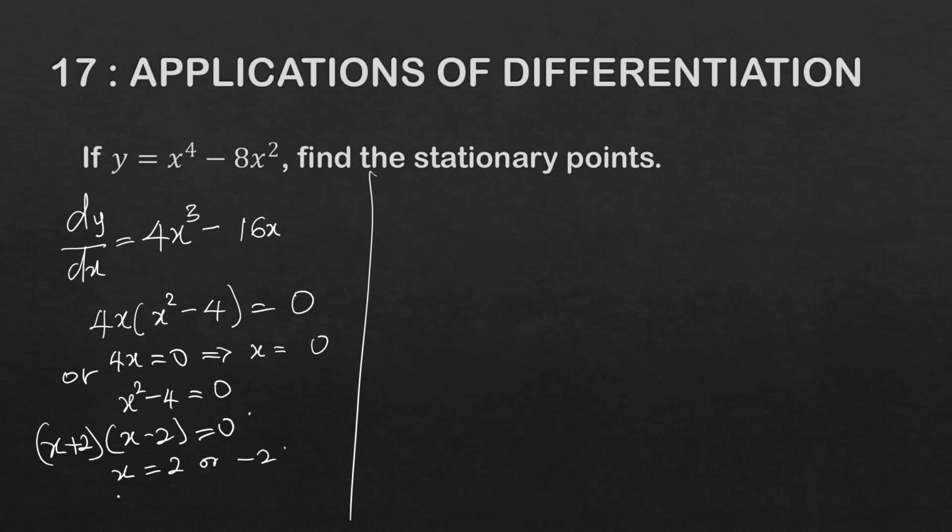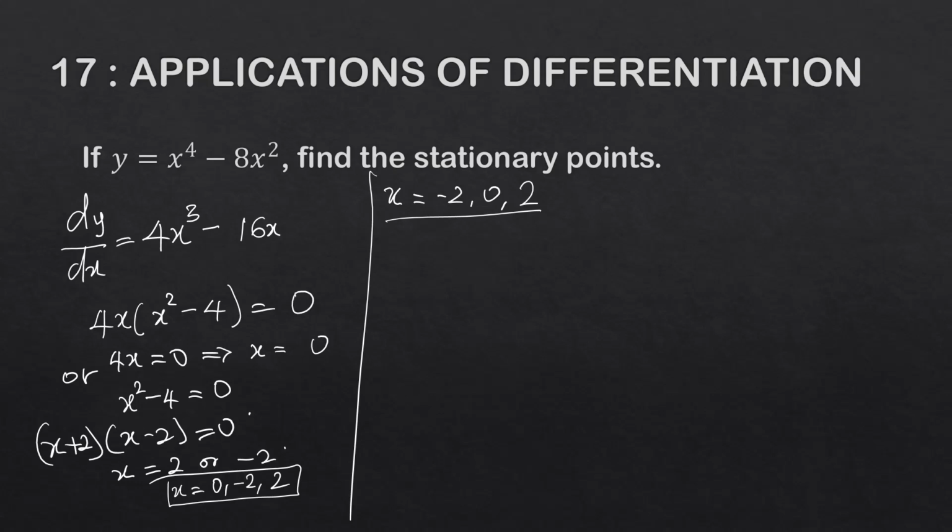Therefore, all the values of x are minus 2, 0 and 2, written in ascending order. So these are the stationary points of x.